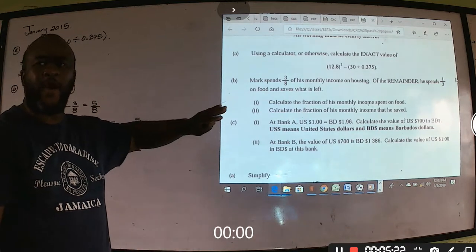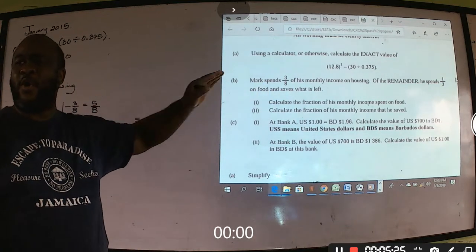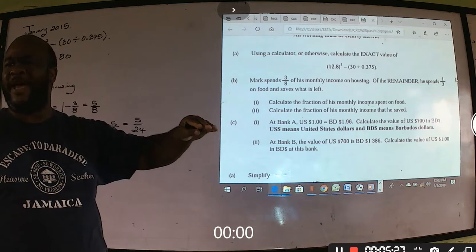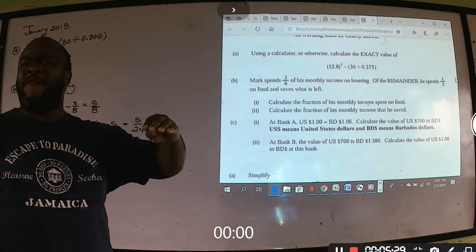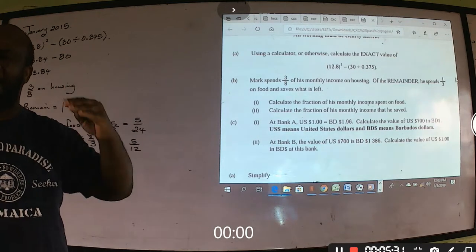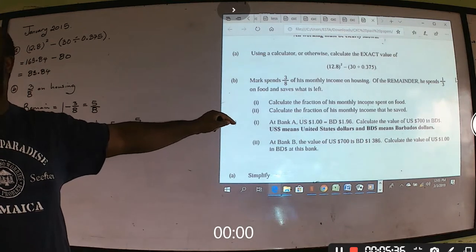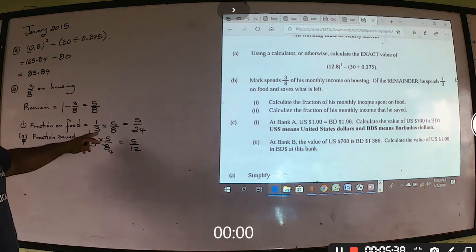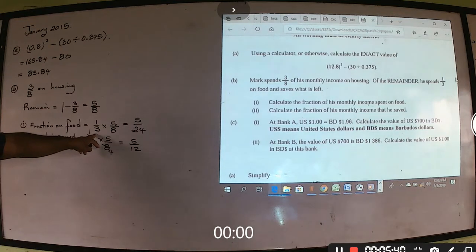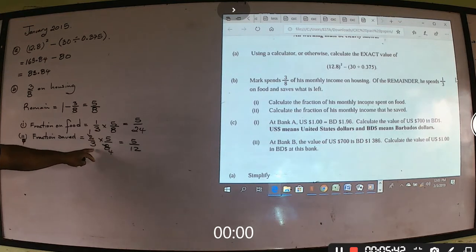When you spend on housing, out of it, the only other two things are food and saving. So the saving must come out of the remainder, and the food must come out of the remainder. What fraction of the remainder does he spend on food? 1/3. So what fraction of the remainder does he save? 2/3.